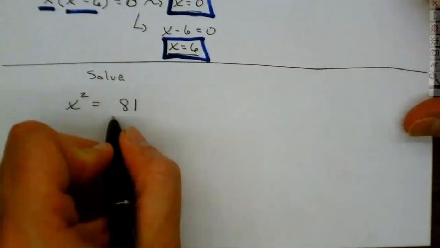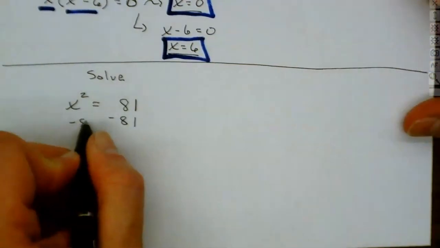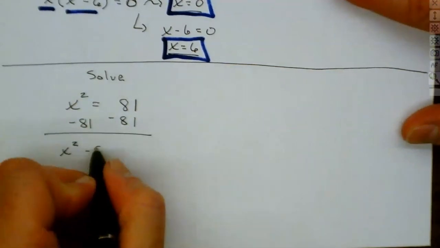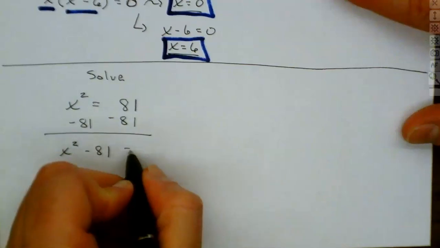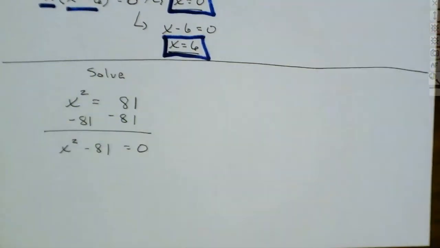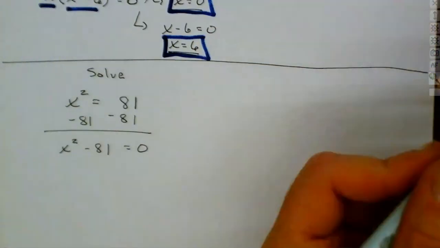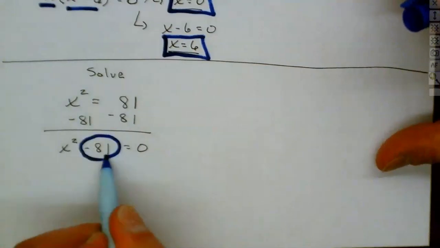So the first thing we'll do is we'll move that 81 over. And that then leaves you with x squared minus 81 equals 0. And we covered these quite extensively, and we can factor, because what can I factor, or how would I factor this down? Well, 81, what do we know about 81?